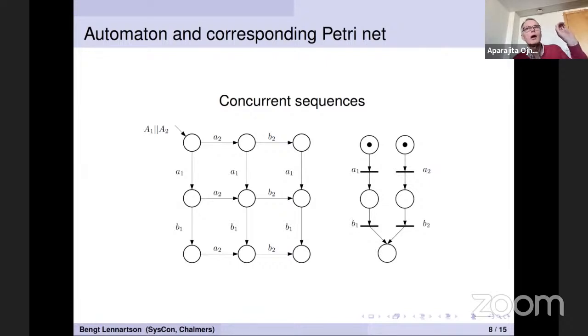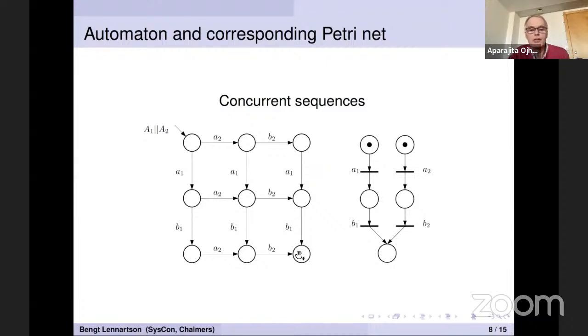So waiting for start, working, and then finally a completed operation. If you have 5 such operations working totally independently of each other, you get a 5-dimensional system, so you get 3 to the power of 5 states.